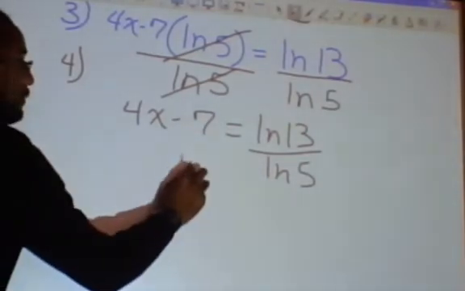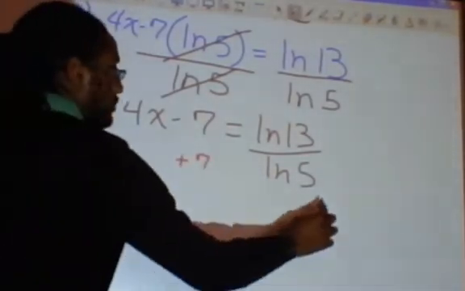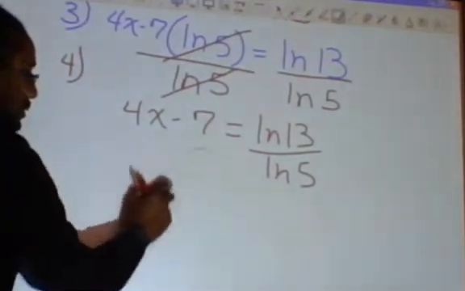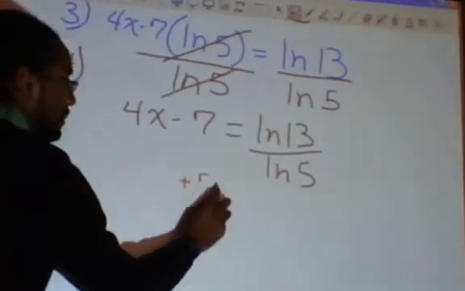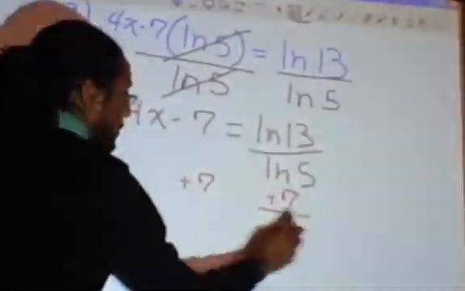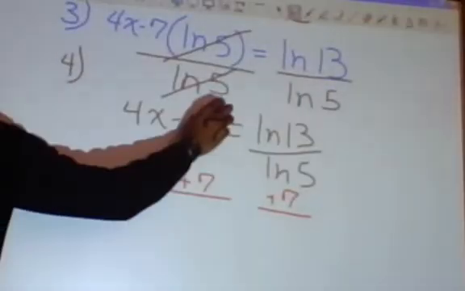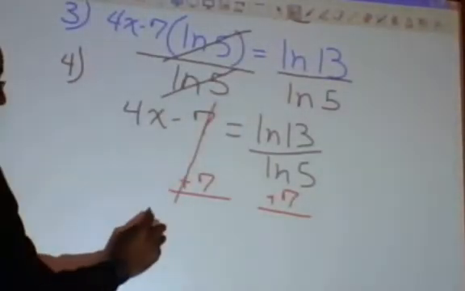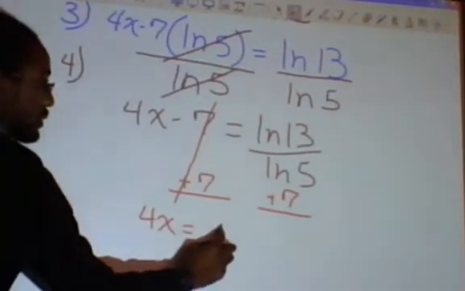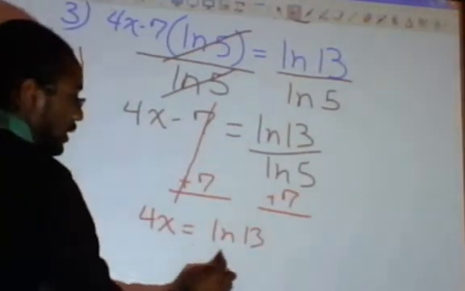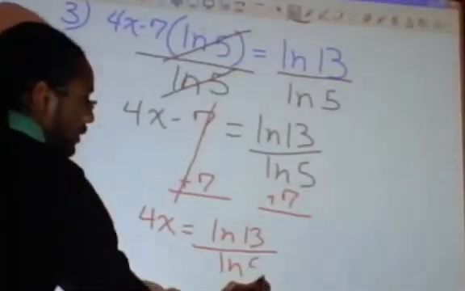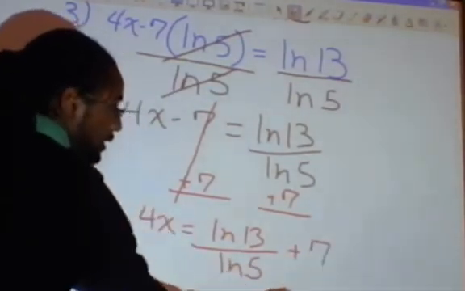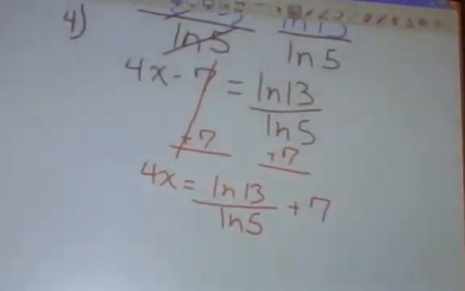So we can add 7 to both sides. That would cancel. So we have 4x equals natural log 13 over natural log 5 plus 7 on the outside. And then we divide the whole thing by 4.